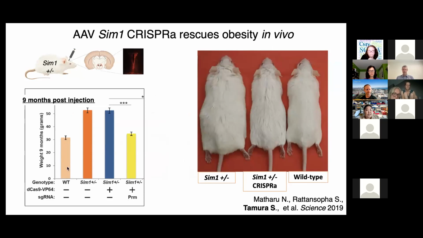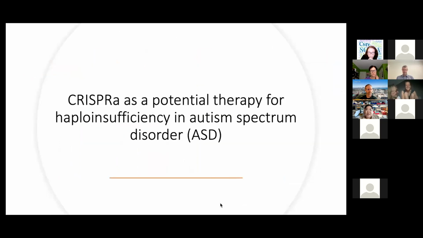Whereas our uninjected SIM1 heterozygous mice in orange and our no guide RNA negative control injected hets in blue here did indeed develop a body weight consistent with severe obesity. So these results really encouraged us to further explore CRISPR activation as a potential therapy for haploinsufficiency and to target more complex disorders like autism spectrum disorder or ASD.